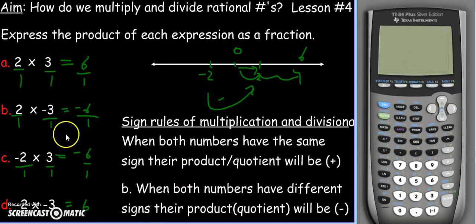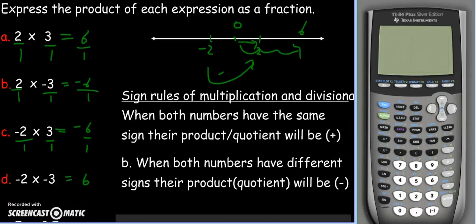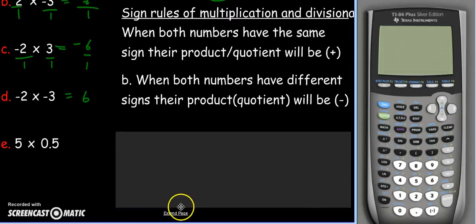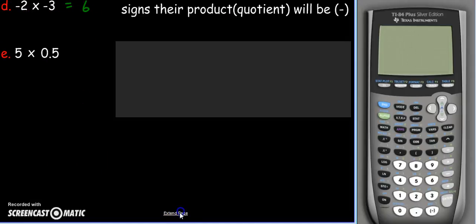Alright, so it appears to be that we multiply the numerators and multiply the denominators, but let's confirm that with another example. Alright, so firstly, this is less clear because these are not written as fractions. What is 5 times 0.5? Well, that's a half, or 5 times a half is 2.5.